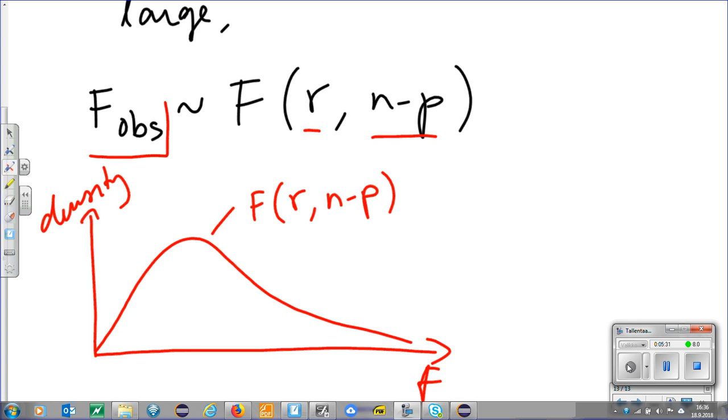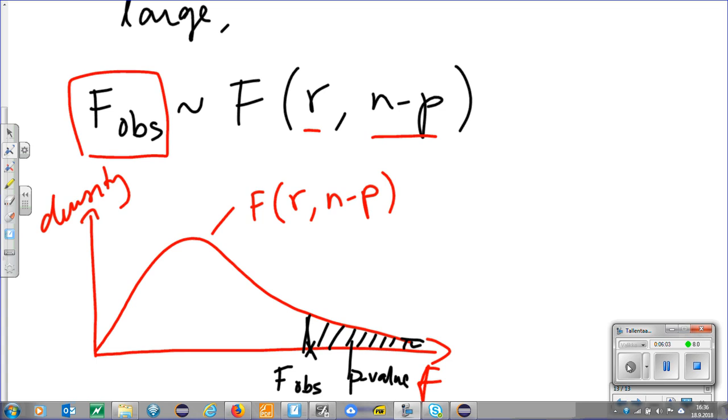If our F-obs happens to be, for example, here, then we see that it is not very rare compared to this distribution here. So the probability to have F-obs even higher than we observed is the value here, and the area under this tail is called the p-value.